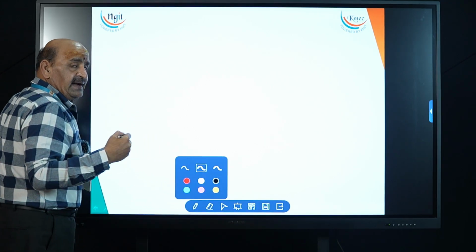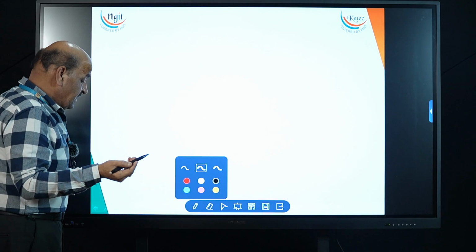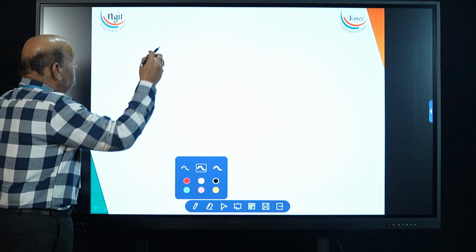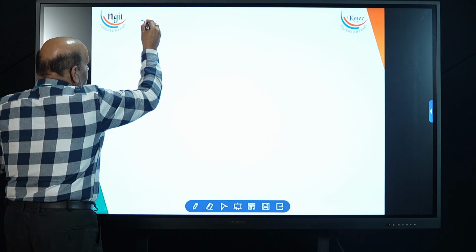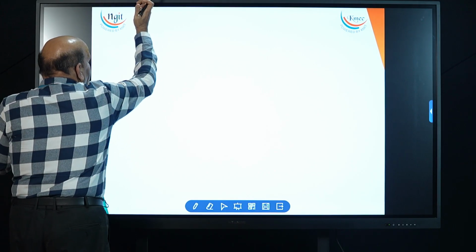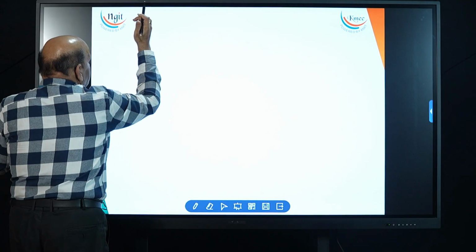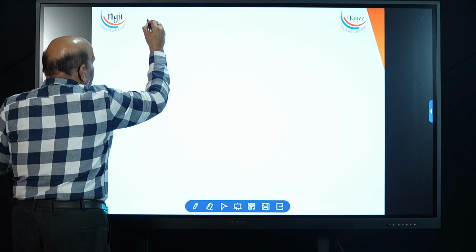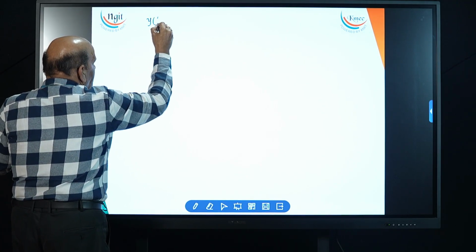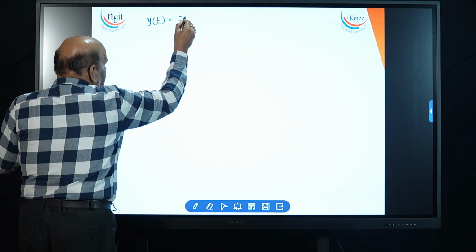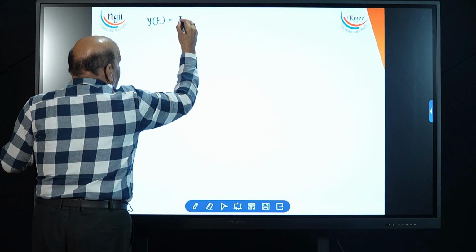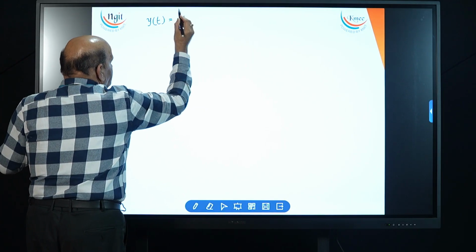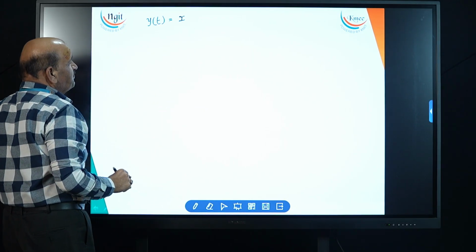Now, directly we are going to verify whether a system is linear or not. A system is given like this, y of t equal to x of t, a signal is given.